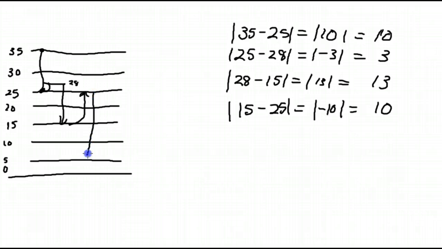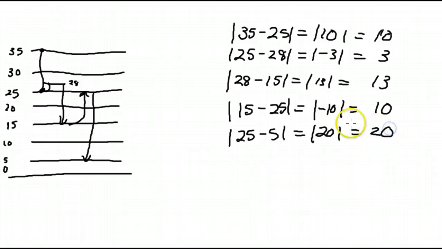Okay, we have a pass and run play, which takes us to the 5-yard line. So we started at the 25, ended up at the 5. Total distance, absolute value of 20 is 20. They're called for offside on the next play. End up back at the 10-yard line.